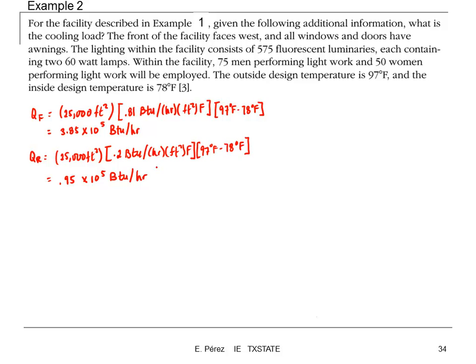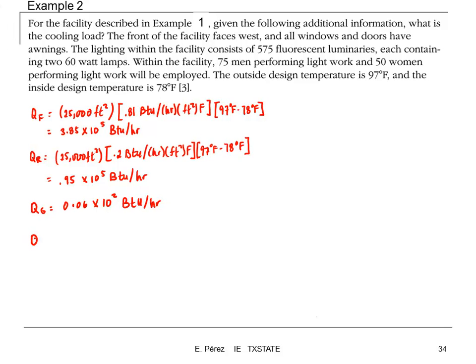So for QG, QD, QW, since it's the same process that we followed for the previous example, I'm just going to give you the result, and we're going to work with the rest of the problem. So QG equals 0.06 times 10 to the 5 BTU per hour.